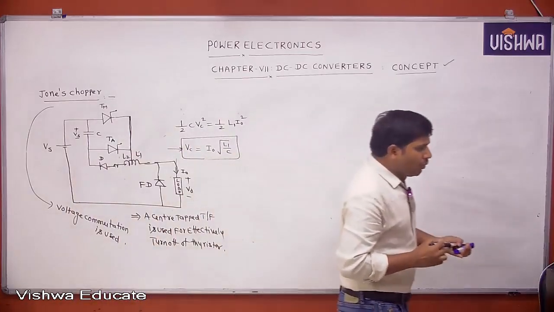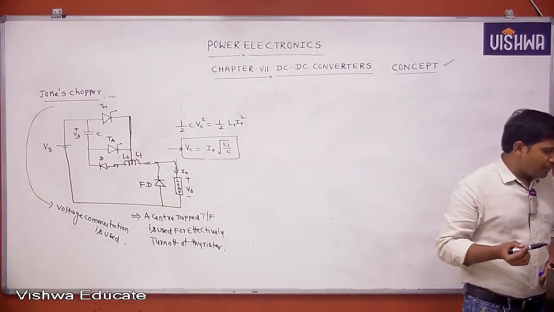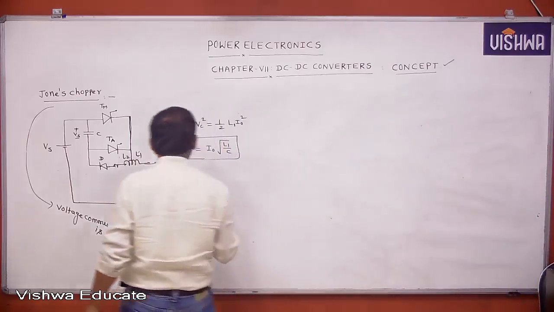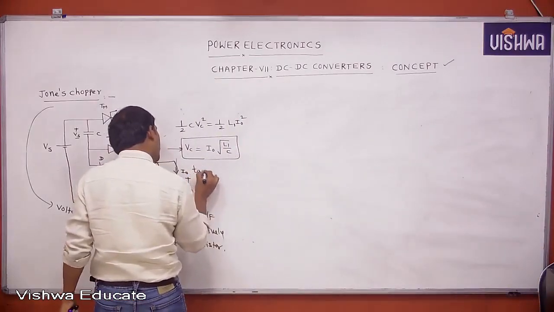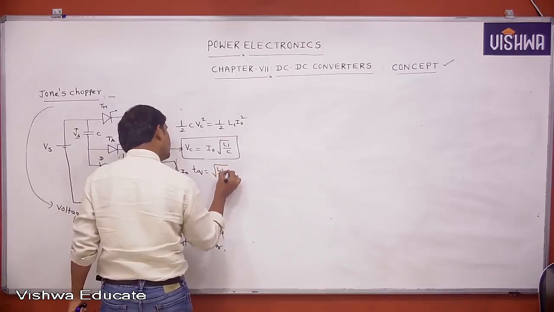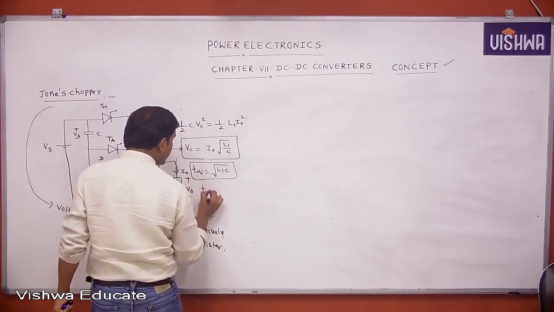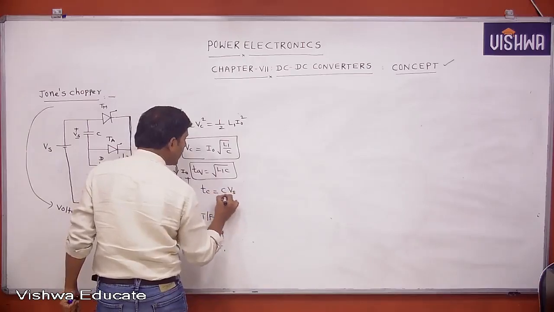Similarly, write the device turn off time. The device turn off time Tq equals root L1C. The circuit turn off time Tc equals C Vs by I0, the same formula.